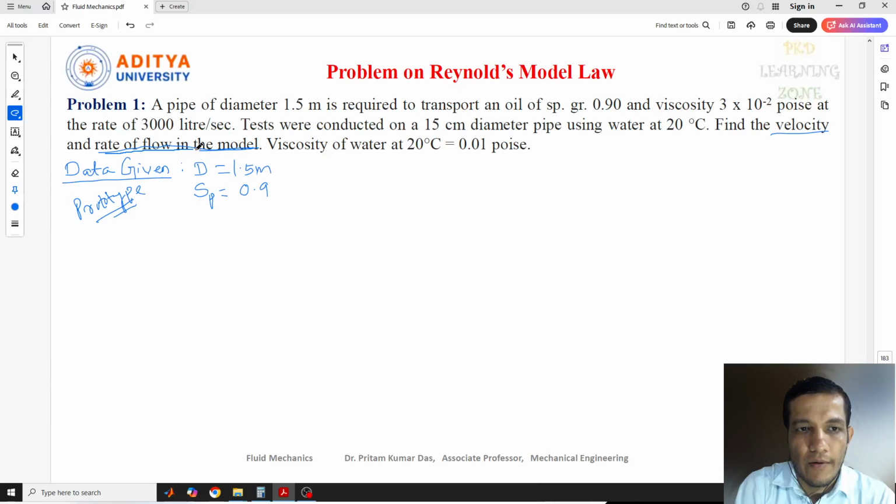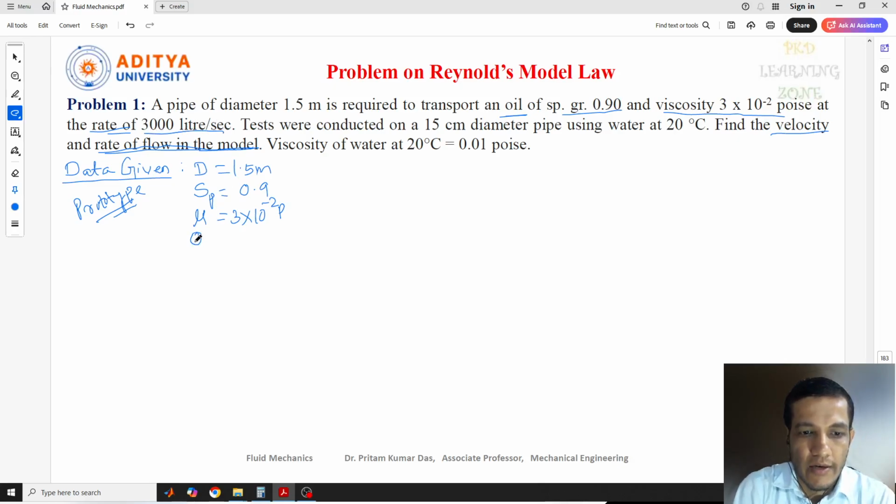The fluid taken here is oil, and specific gravity is given 0.9. The viscosity is given as 3 into 10 to the power minus 2, and this is in poise. Next, the rate of flow, that is the discharge, is given as 3000 liter per second.